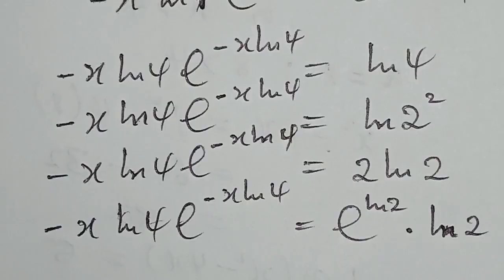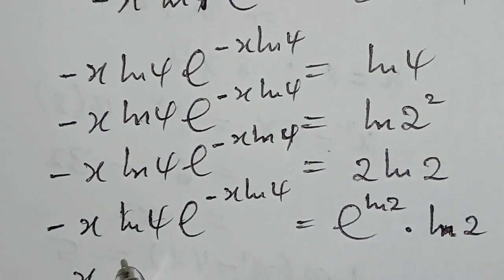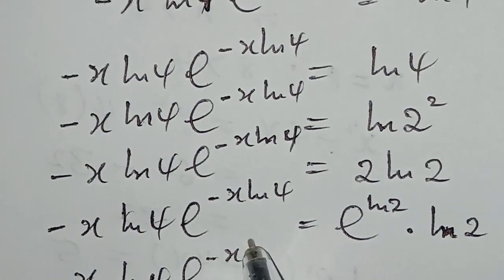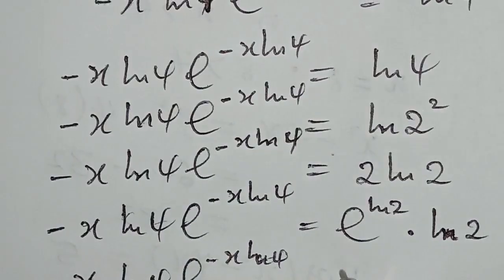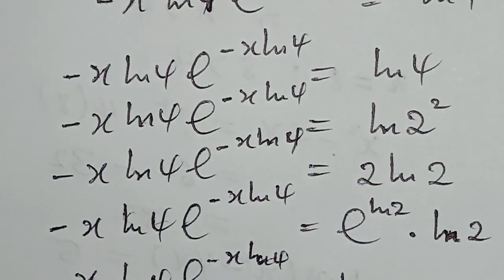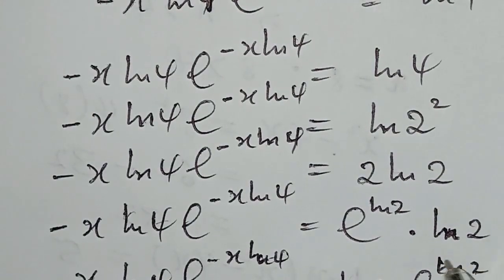Now from here we can rearrange this step as minus x ln of 4 e to the power of minus x ln of 4 is equal to ln of 2 e to the power of ln of 2.